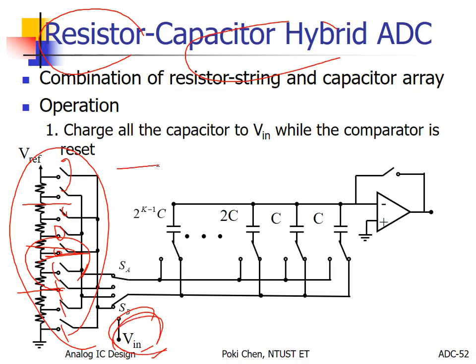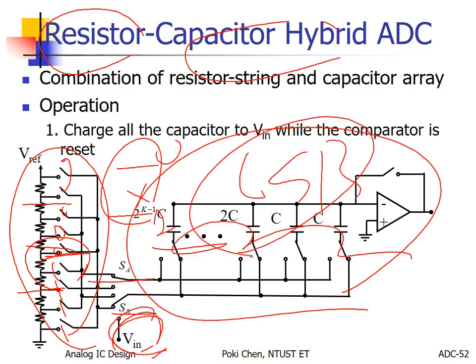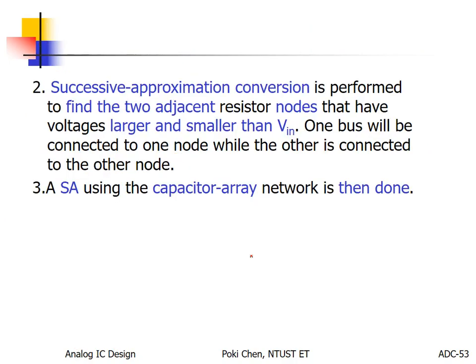1, 2, and Vin in between. I don't care where Vin is, but this is 1, that is 0. Through SAR, you can find those two. Then connect it to the capacitor array. We explained already. So you can switch all the way to find LSBs. Bingo, that's it. This is a very good idea.